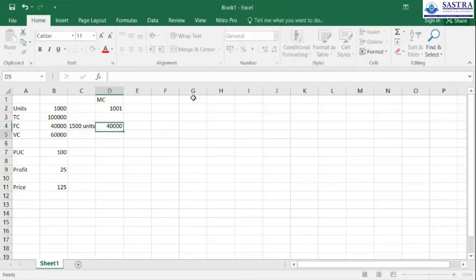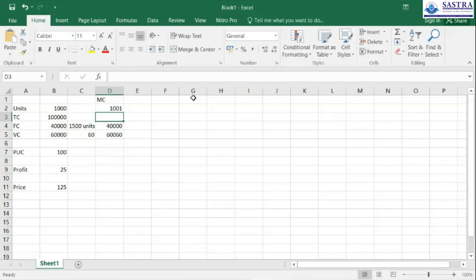For the variable cost, you divide 60,000 by the 1,000 units manufactured, so it comes to 60 rupees.